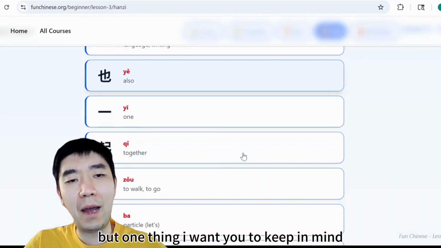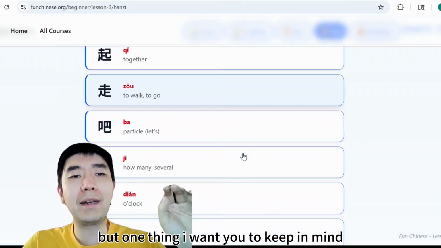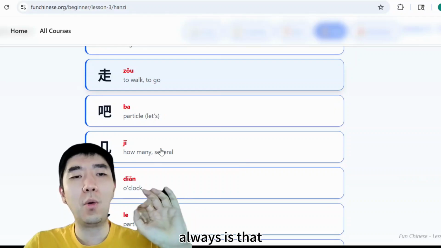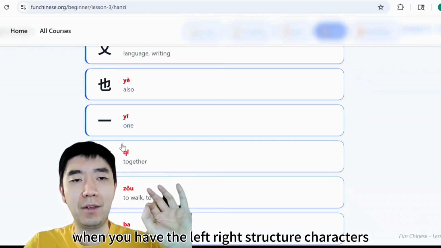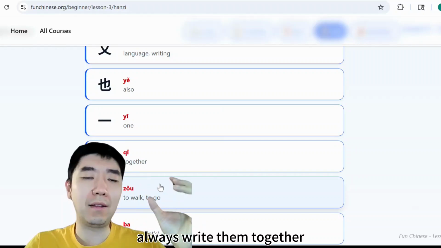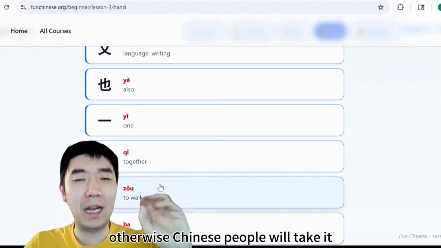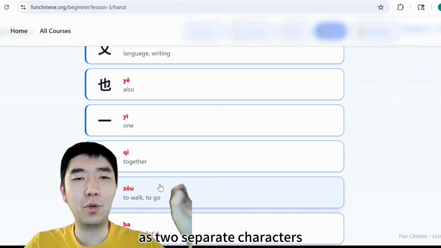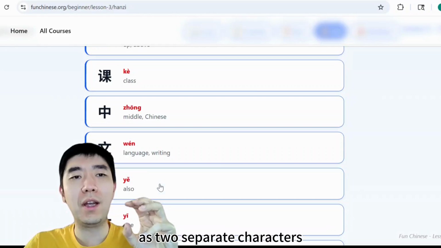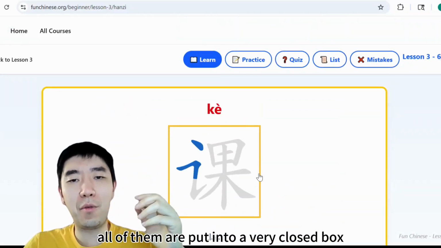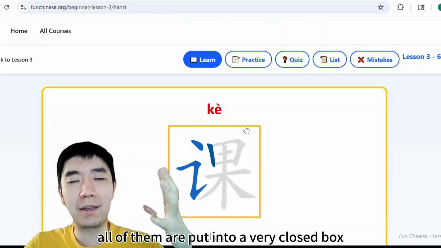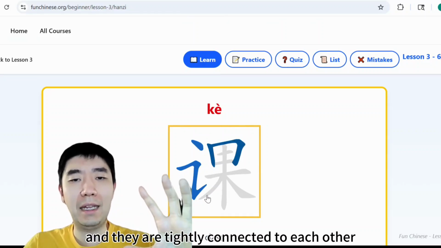But one thing I want you to keep in mind always is that when you have left-right structure characters, always write them together. Otherwise, Chinese people will take them as two separate characters. That's why you see all of them are put into a very closed box and they are tightly connected to each other.